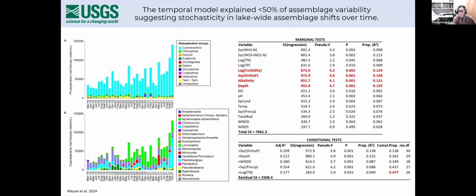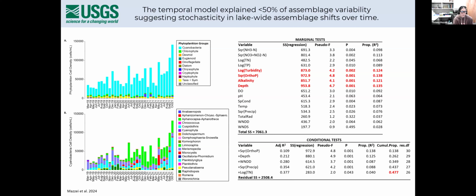However, the strong spatial structuring of assemblages that we just showed may preclude lake-wide succession patterns and the need to examine temporal variability individually within those lake zones. Also, there might be environmental variables that were not included in the models.